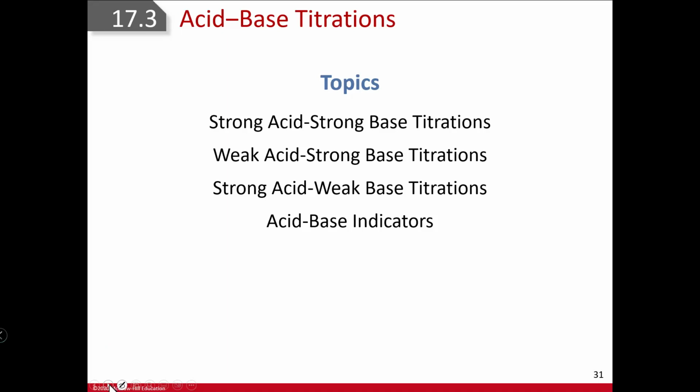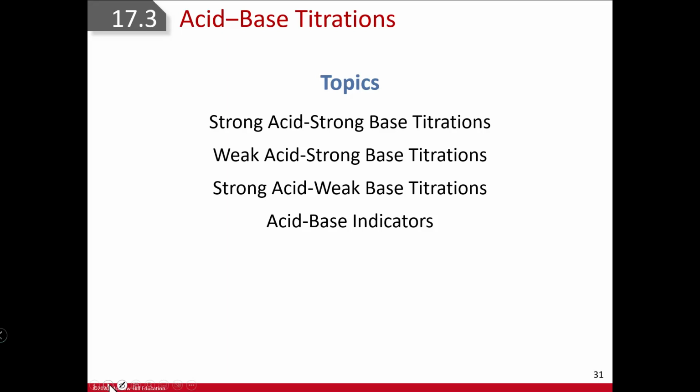So we're going to focus on strong acid, strong base titrations. Those are the easiest. And then the weak acid, strong base, we're going to get into, once the acid's consumed, you have the conjugate base of the weak acid, which is going to react with water and form a basic solution. And then we have strong acid with a weak base, that's like the ammonium ion.